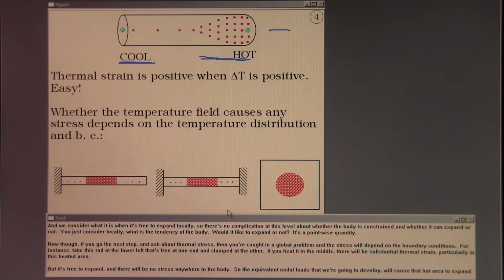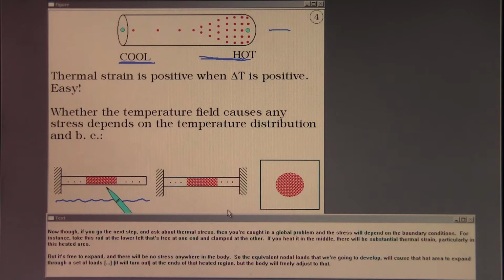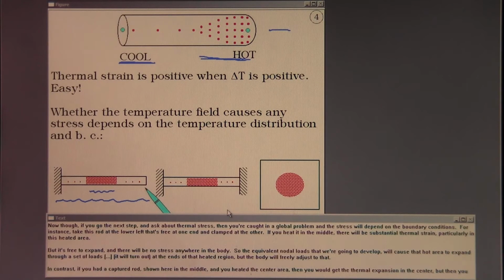Now, though, if you go the next step and ask about thermal stress, then you're caught in a global problem, and the stress will depend on the boundary conditions. For instance, take this rod at the lower left that's free at one end and clamped at the other. If you heat it in the middle, there will be substantial thermal strain, particularly in this heated area. But it's free to expand, and there will be no stress anywhere in the body.